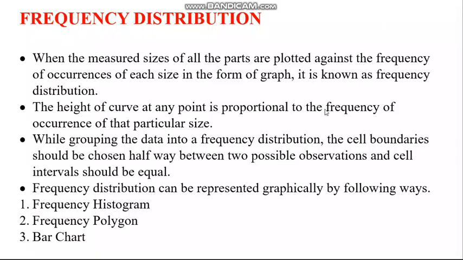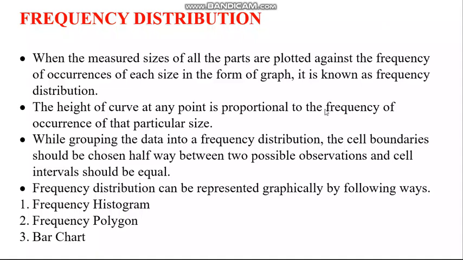Which cell will you place it in? It may be a question like that. So it is chosen halfway between the two possible observations. You have already studied this in statistics, only that you have to recollect it.